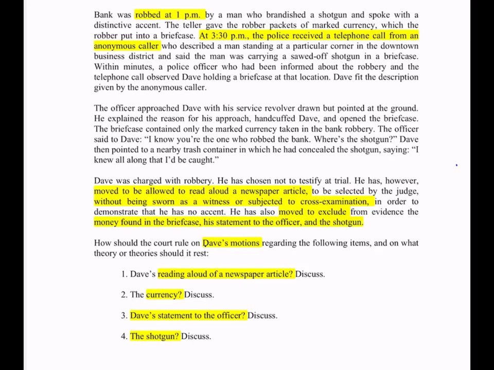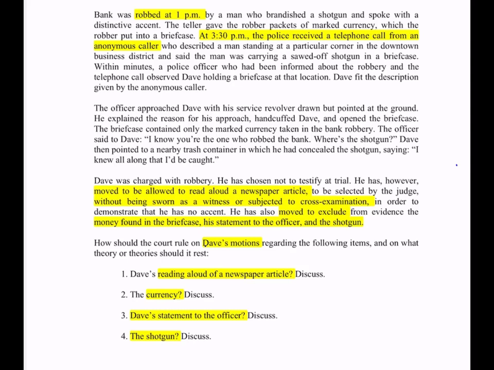When they give you an anonymous caller, that's a fact you use to analyze probable cause, because you know there's a search coming up and you're going to need to analyze whether this is a search incident to lawful arrest. In other words, was there probable cause for the officer to stop and search?